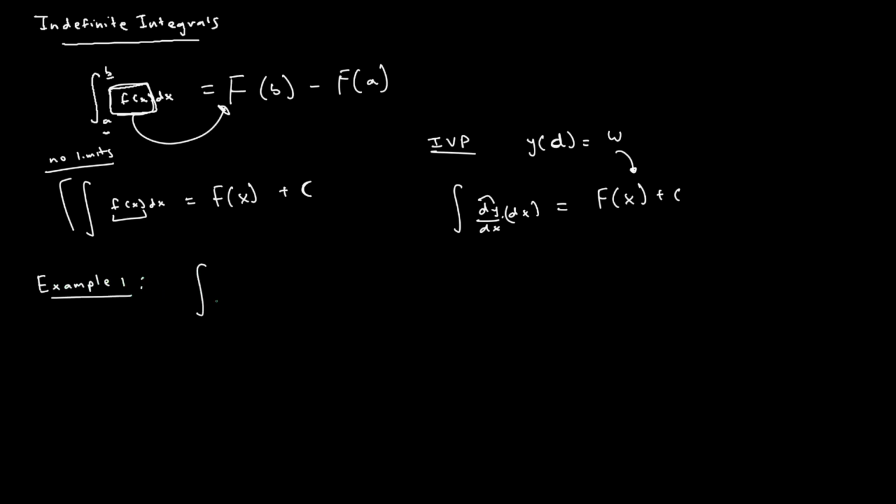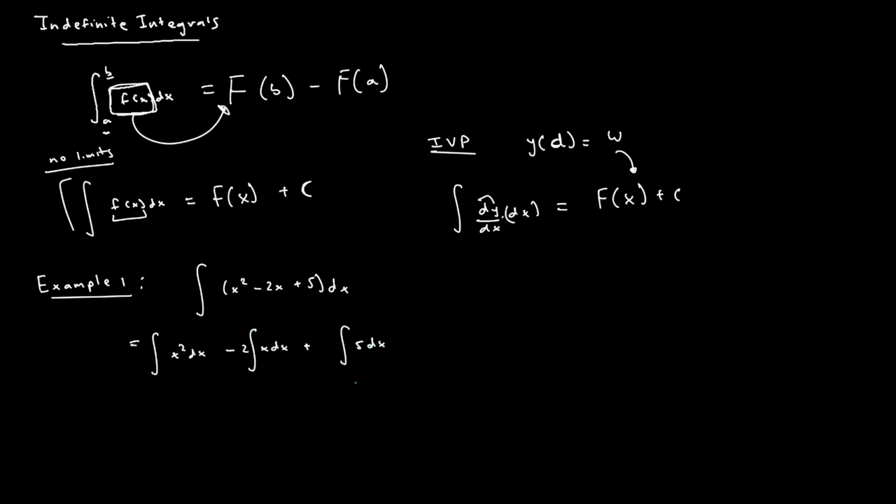Evaluate the integral of x squared minus 2x plus 5 dx. Now, we know that this is the same thing as the integral of x squared dx, minus 2 times the integral of x dx, plus the integral of 5 dx, right?